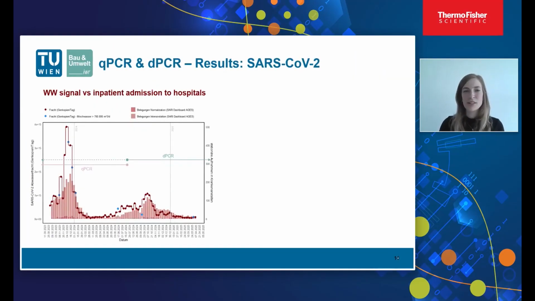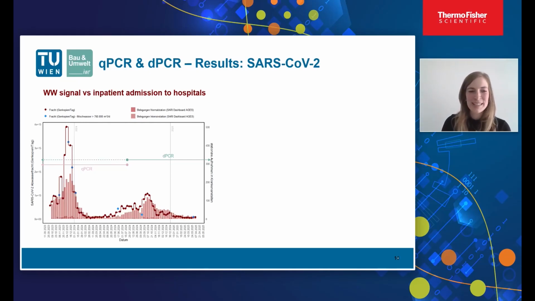Okay, so how does the current situation look? On the left-hand side, you see a graph of the wastewater signal versus the inpatient admissions to hospital. What we like to do is compare the signal that we measure in the wastewater to publicly available data, like the bed occupancies of the hospitals, to see if what we're measuring really makes sense.